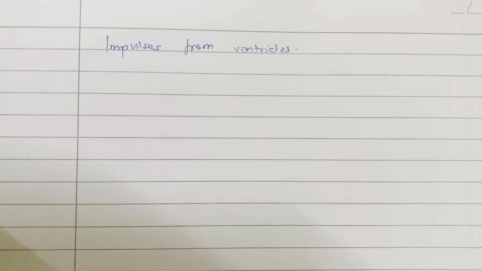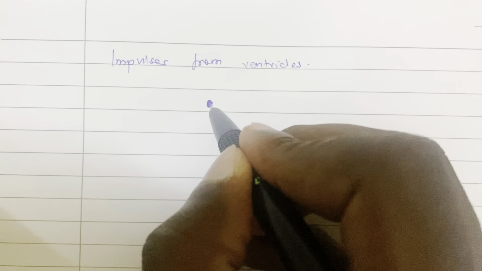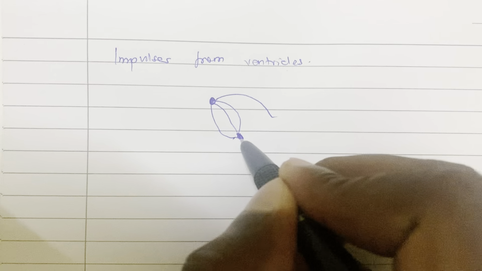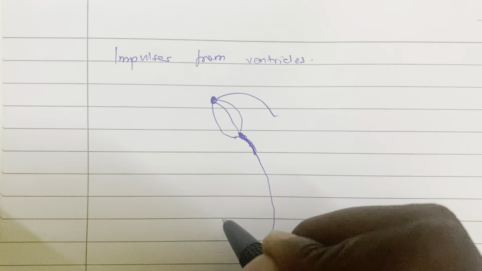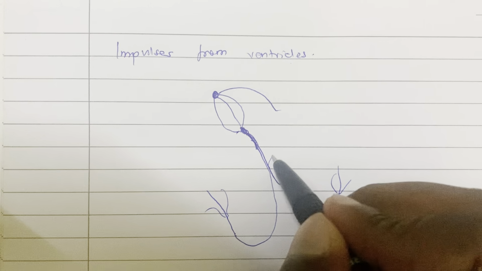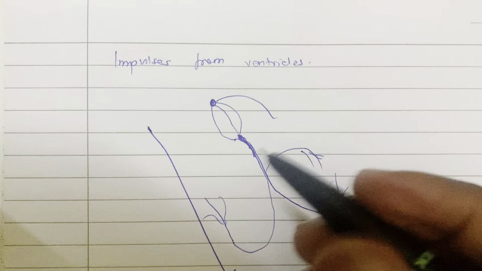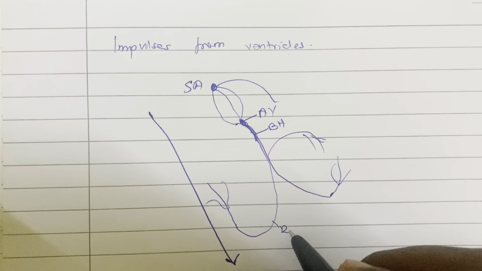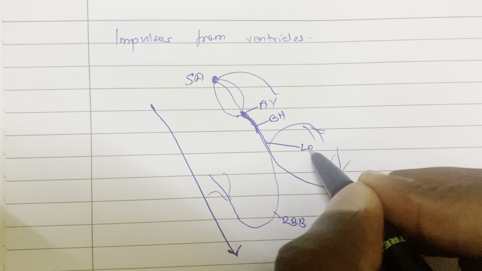We said the only way we can produce a narrow complex is when impulses move from SA node, internodal fibers, to AV node, and from AV node, bundle of His, then right bundle branch and left bundle branch.